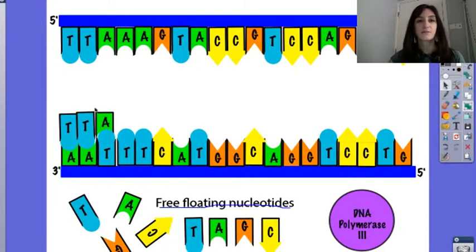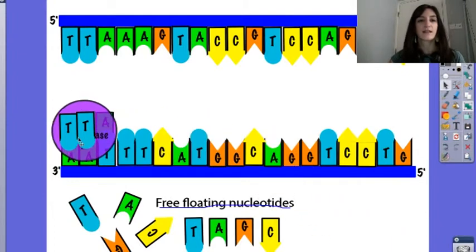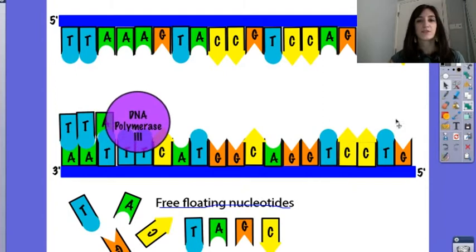And the reaction between these new nucleotides will be catalyzed by the enzyme DNA polymerase. So the DNA polymerase will help to form those phosphodiester bonds between the nucleotides. Okay, so that is a phosphodiester bond here.